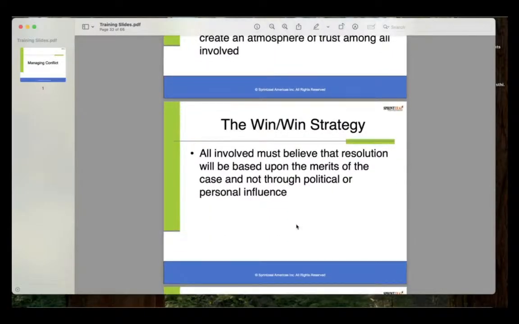All involved parties must believe that resolution will be based upon the merits of the case and not through any external influence, basically political or personal or any type of external influence. So in this, they have to believe this.